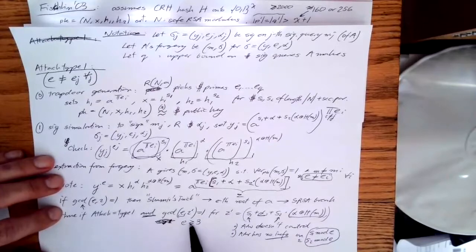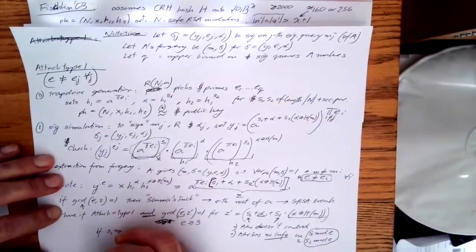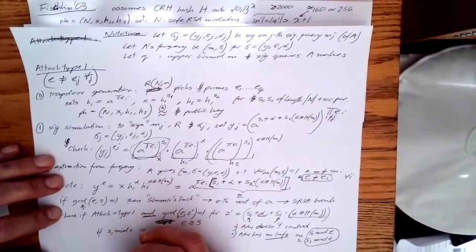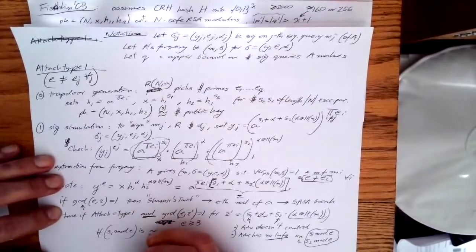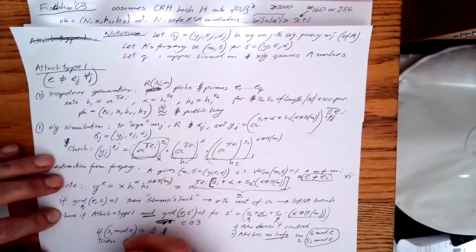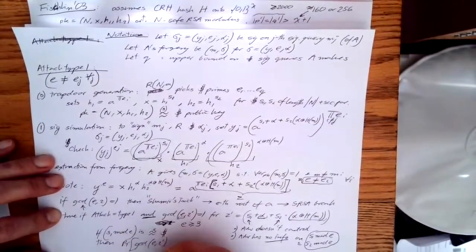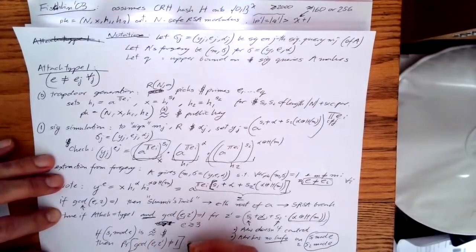And so therefore, as long as E is an odd integer, so if S1 mod E is statistically close to random, then the probability that GCD of E and Z prime is not 1 is, well, at most 1/2.